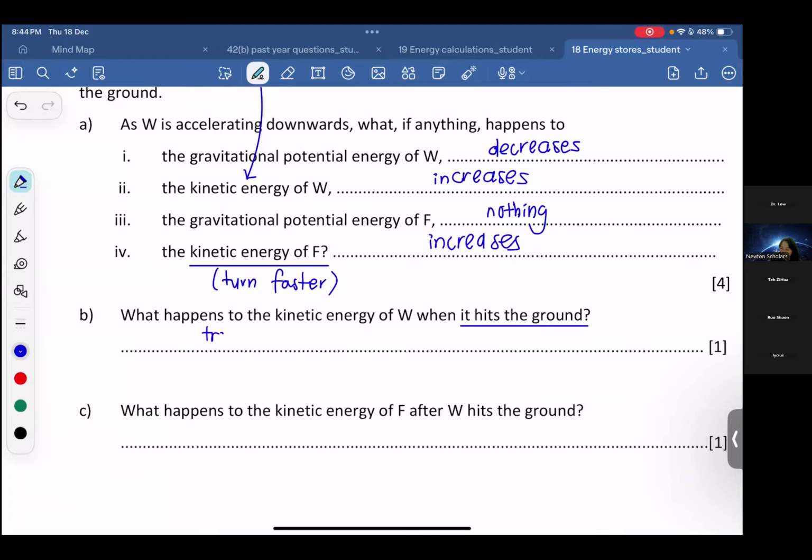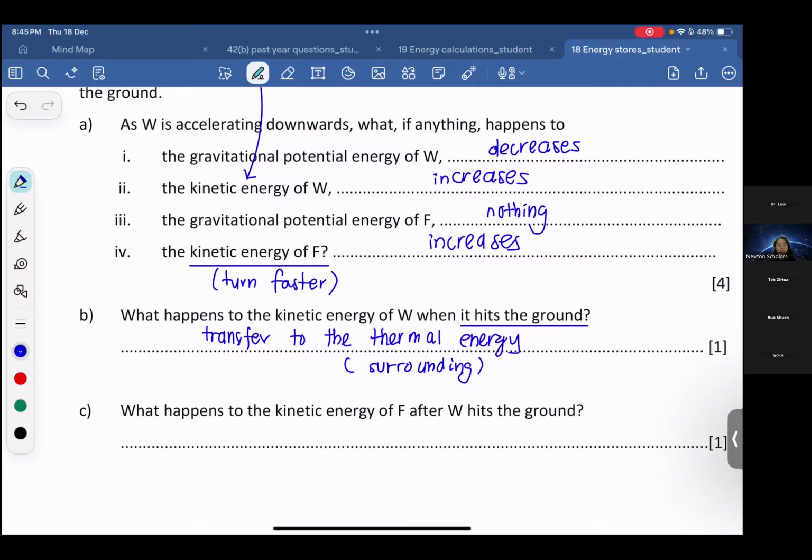Yes, transfer to the thermal energy. It actually goes to the surrounding as thermal energy. When it hits the ground, the kinetic energy of W will transfer to the surrounding as heat or sound, but mainly thermal energy. Thermal energy and sound, no problem.